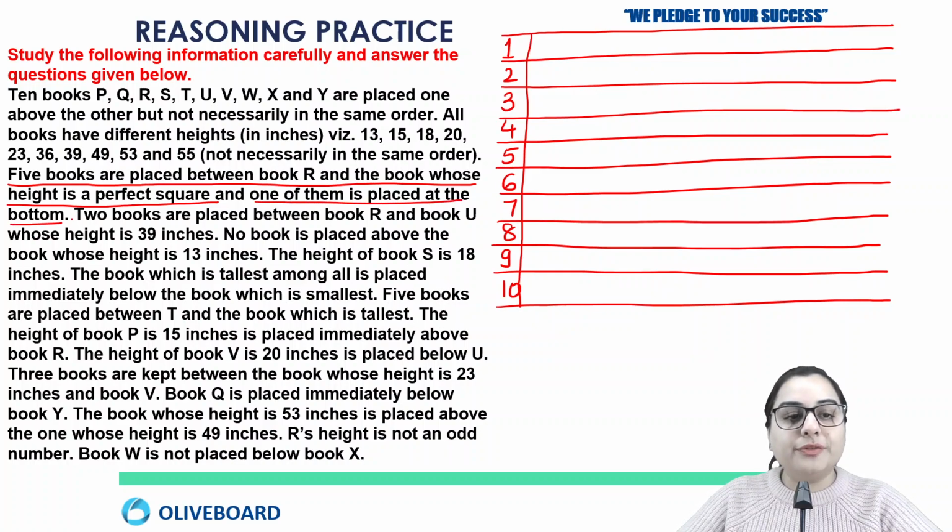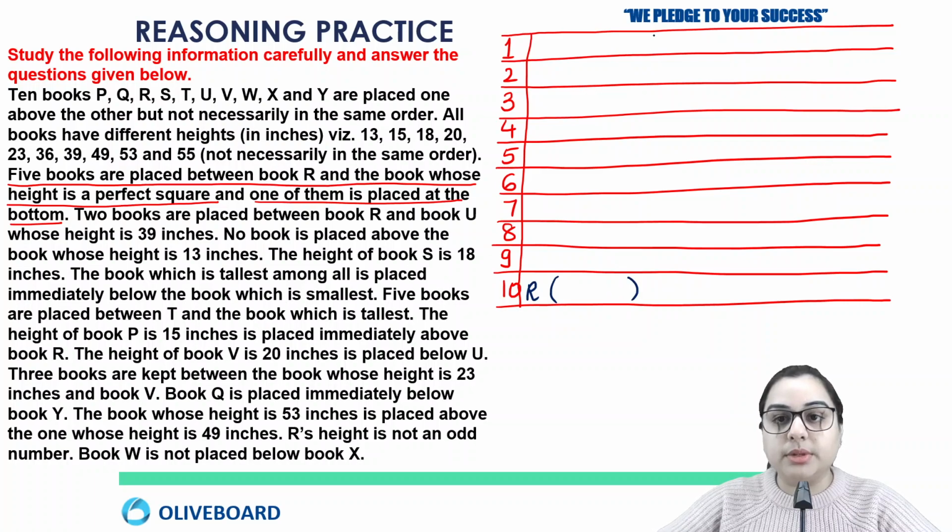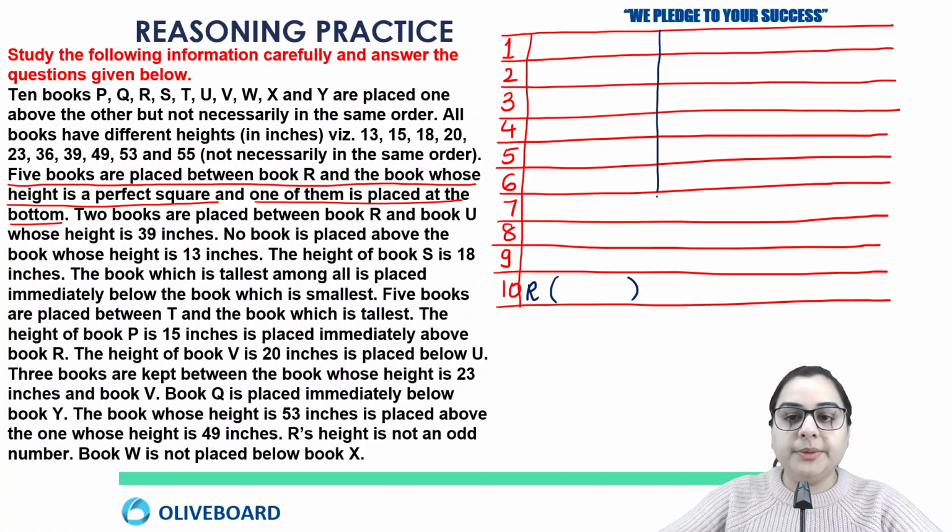So either book R or the book with a perfect square height is at the bottom. There are two possibilities. The first possibility is that we write R here at the bottom.